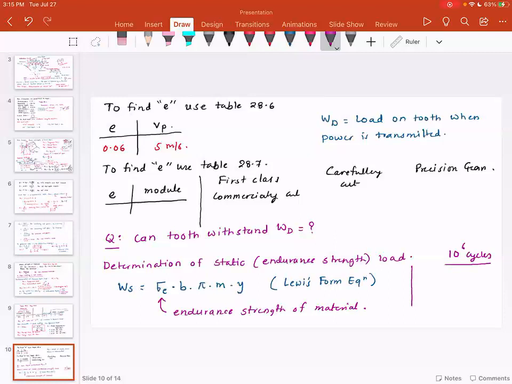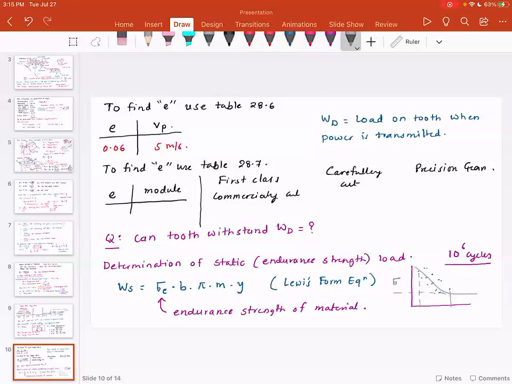In EGR 444 or previous classes, you probably looked at the SN curve, wherein initially you have this type of behavior, where the material fails and then it flattens out, where the material can in theory withstand infinite cycles.